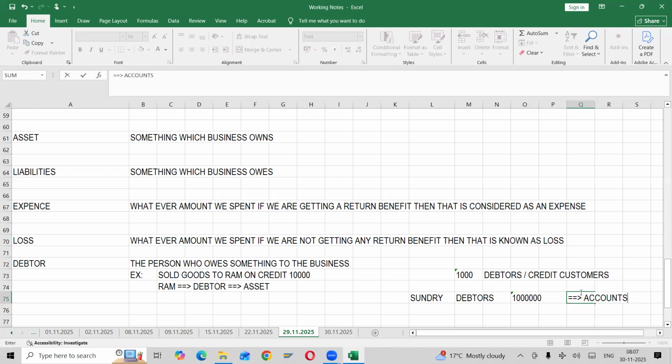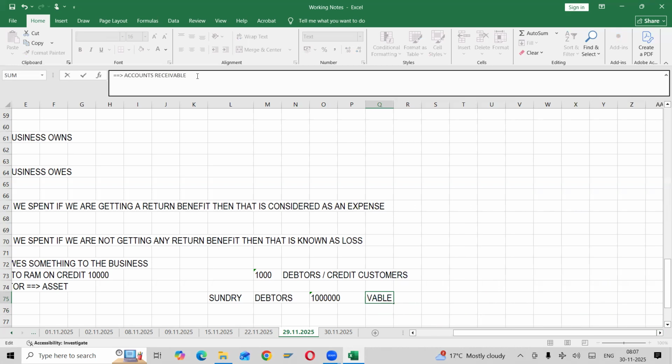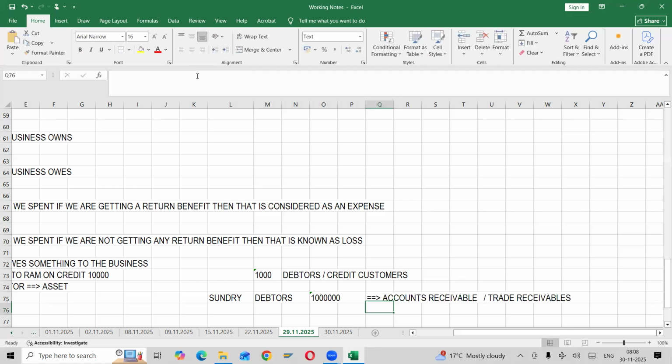We call it accounts receivable, the same term, or we can call it trade receivables. Earlier we used to call it accounts receivable or sundry debtors. Now we call it trade receivables. Don't go with the spellings. Trade receivables. Clear, everyone? So don't get confused.